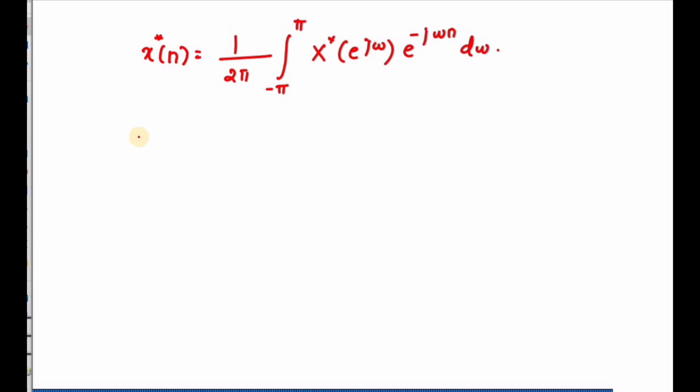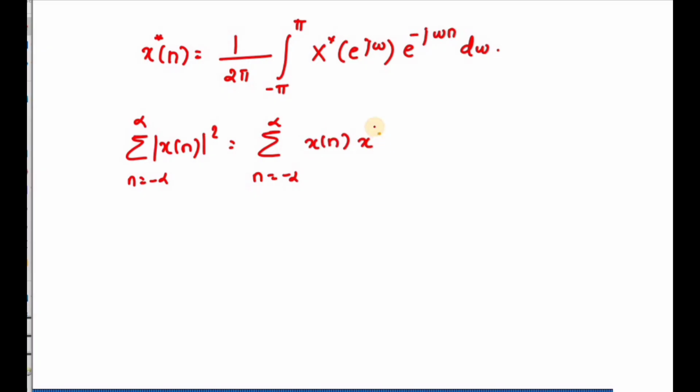We know that the summation of modulus x of n squared, this is my left hand side value, can be written as the summation from n equal to minus infinity to infinity of x of n into the complex conjugate of x of n.